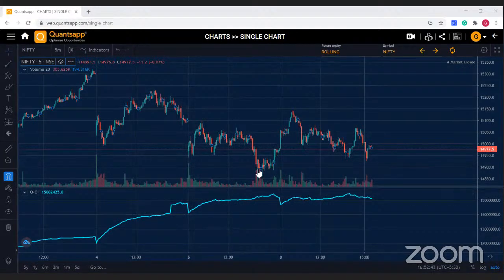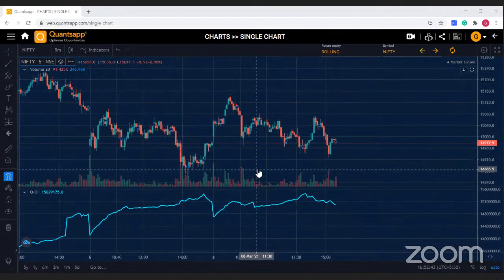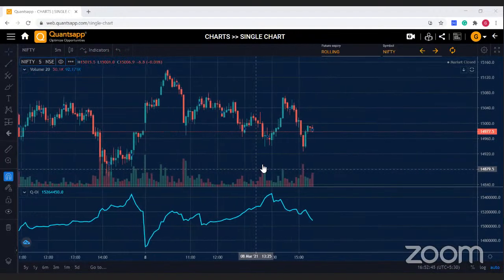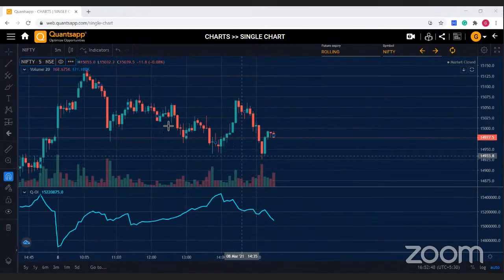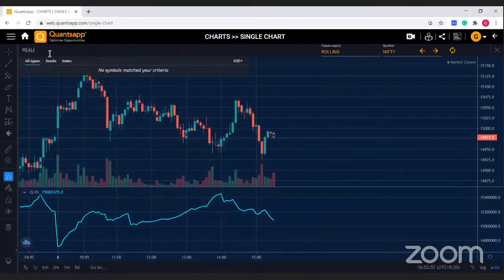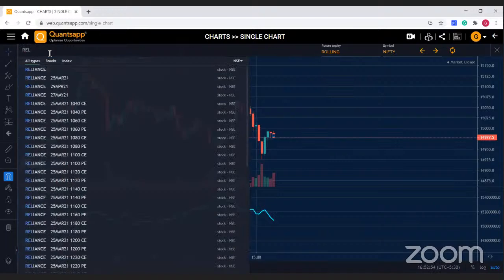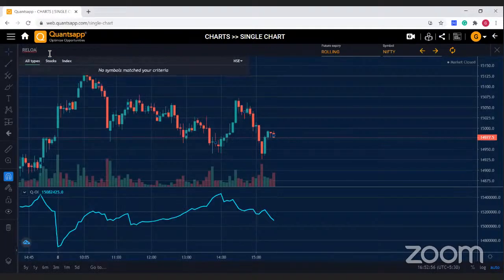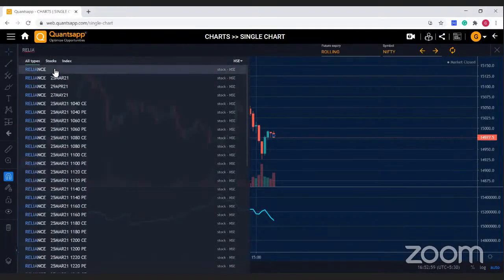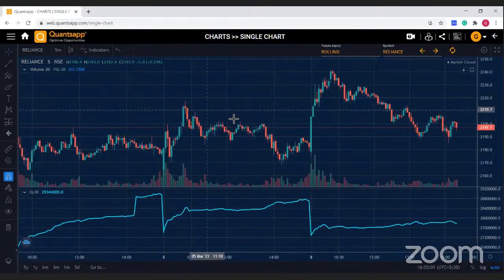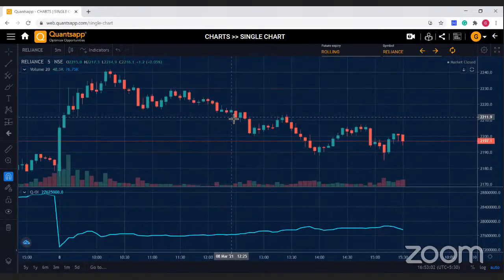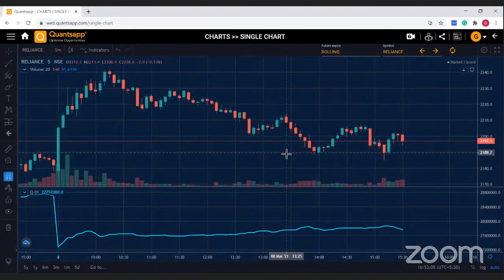But if you want to use indicators, then you have to be a pro member. And here you can see the volumes that are going on. In the same way, if I want to see Reliance, any stock, you can see the future volume as well.